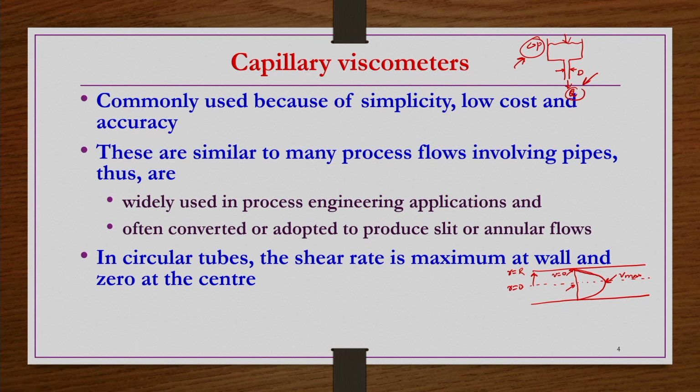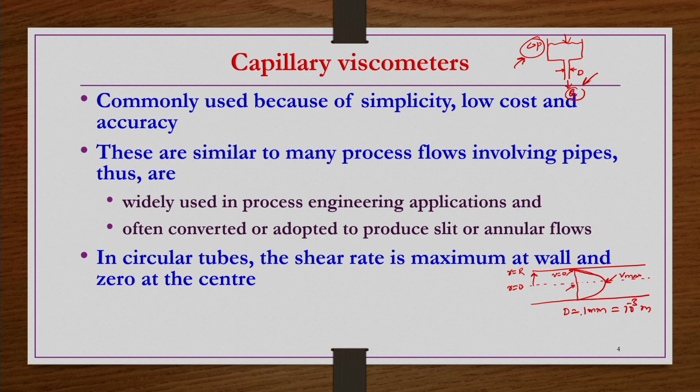Now, let us say the capillary has a diameter of, let us say, 1 mm, right. That means 10 power minus 3 meters. Okay. So, the shear stress would be maximum at the wall and minimum or 0 at the center.